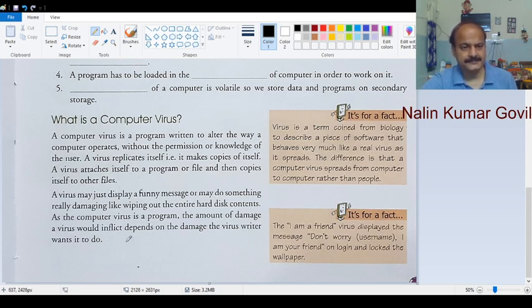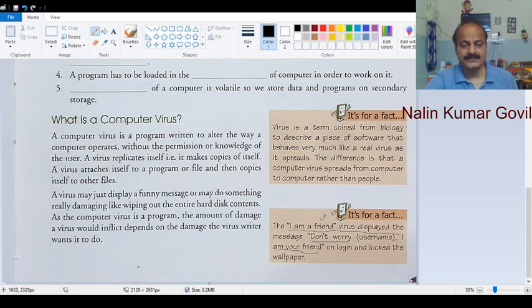So first thing, sometimes you will see a funny message on the screen, like one message is given here, I am a friend. The virus displayed the message, don't worry, I am your friend. It means that this message will appear on your screen automatically if your computer system is affected by this virus.